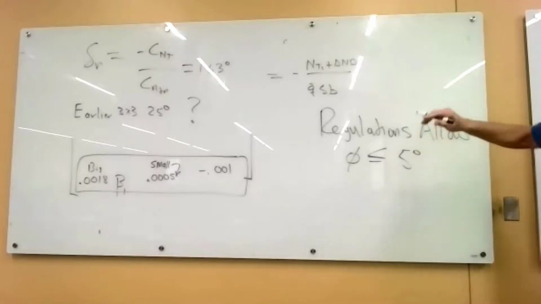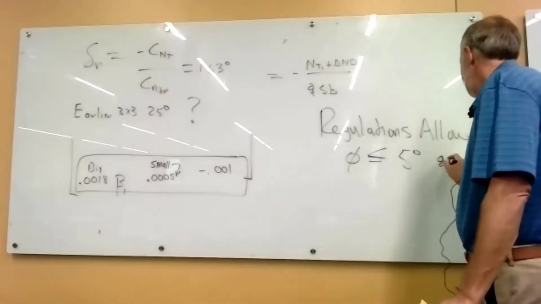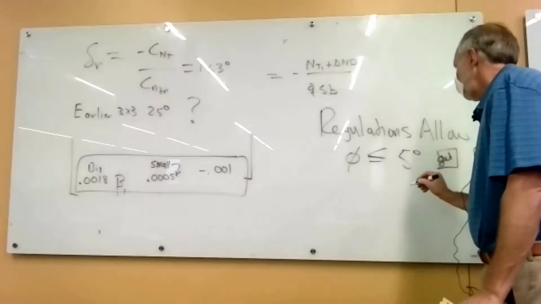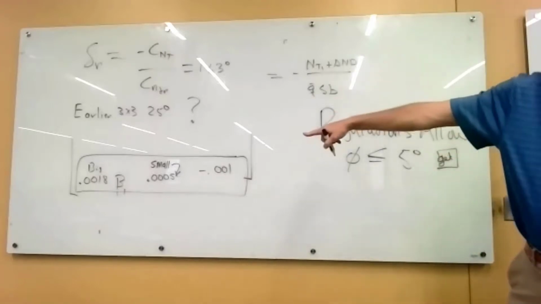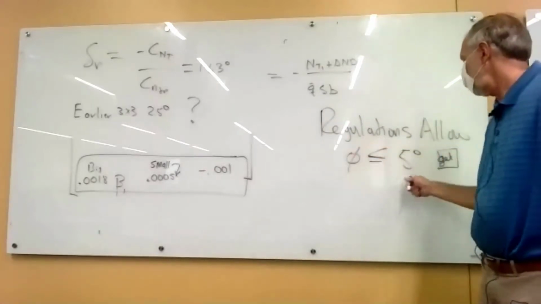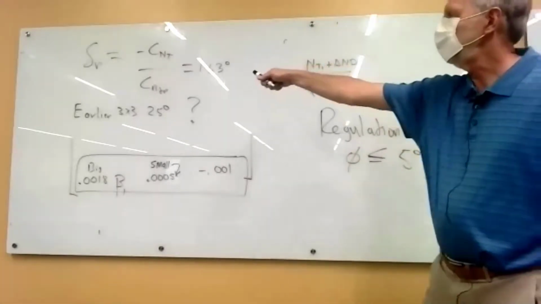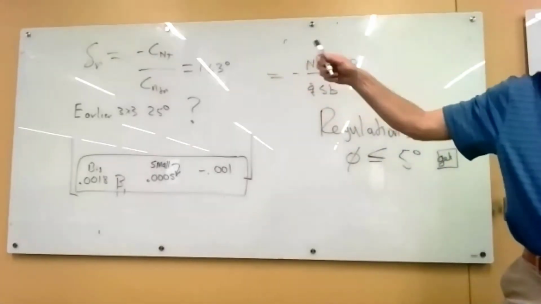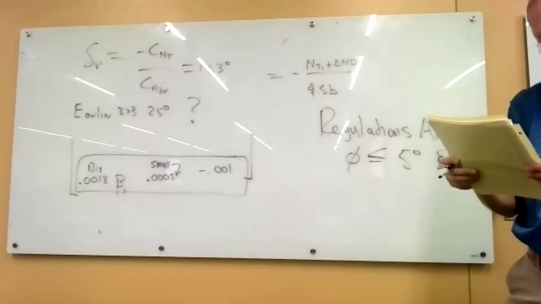And by doing that, if you bank the airplane, you can get some beta. You get an effective beta that then causes the rudder to be bigger. And so it turns out that if you allow a bank angle of 5 degrees, then this actually predicts the amount of rudder that you need.